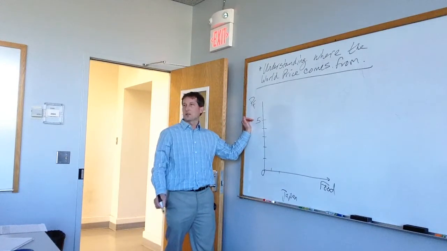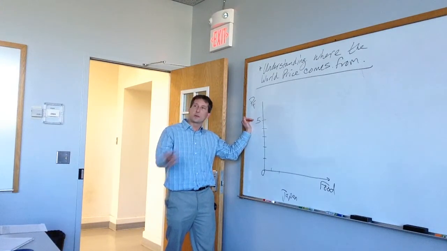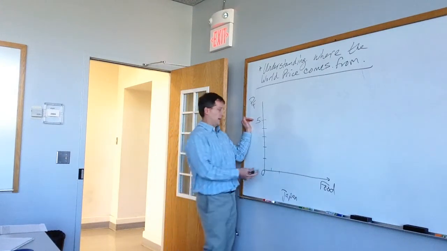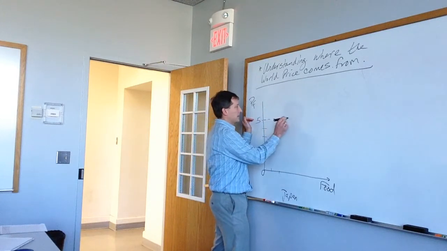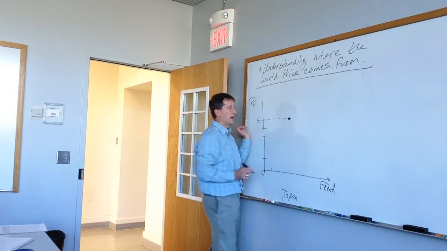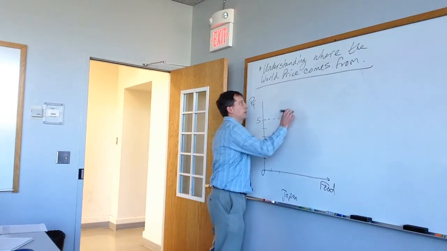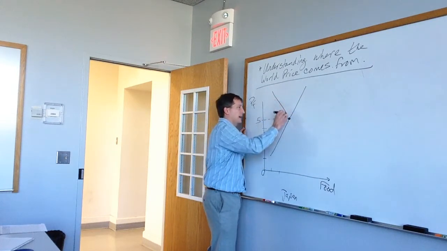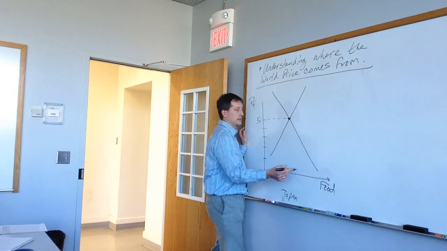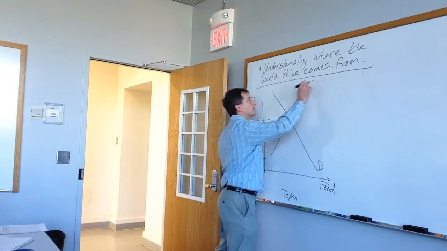So if Japan doesn't know that the rest of the world exists, then they are going to, I just want you to put any old point right here, they're going to produce enough food to supply or to meet the demand in their own country.